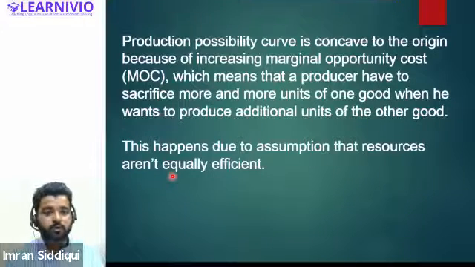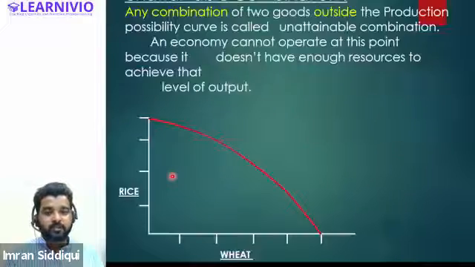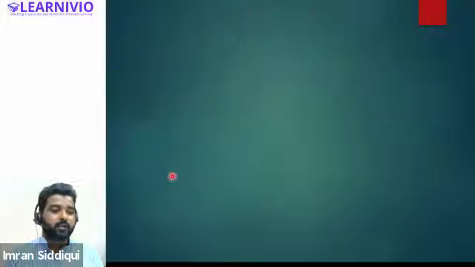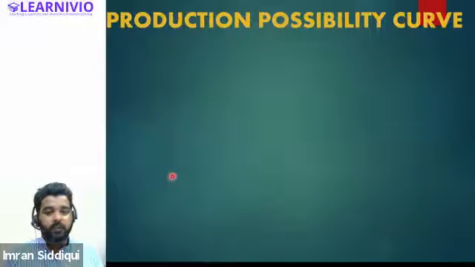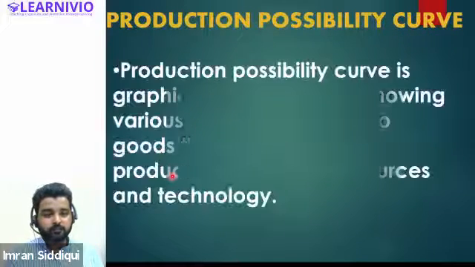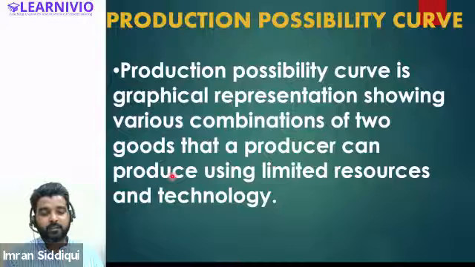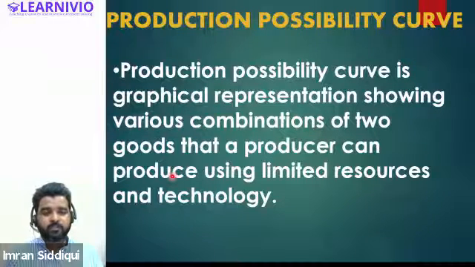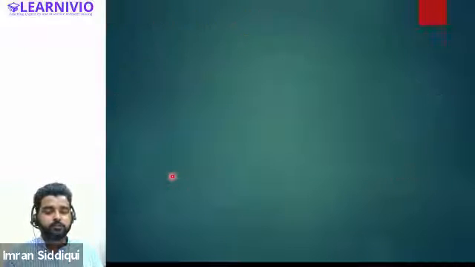Okay, so in today's session we were studying the first chapter of microeconomics, and in this session we have covered the basic concept of production possibility curve. I have taught you the meaning of the production possibility curve. Here I have told you that the production possibility curve is basically a graph that shows different combinations of two commodities that a producer will be able to produce using his available resources and technology.